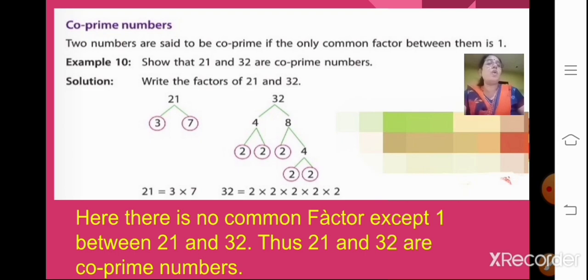So there is no common factor except 1 between 21 and 32. Thus, 21 and 32 are called co-prime numbers. So, what are co-prime numbers? Two numbers are said to be co-prime if the only common factor between them is 1. If there is any other common factor apart from 1, then they are not co-prime numbers.